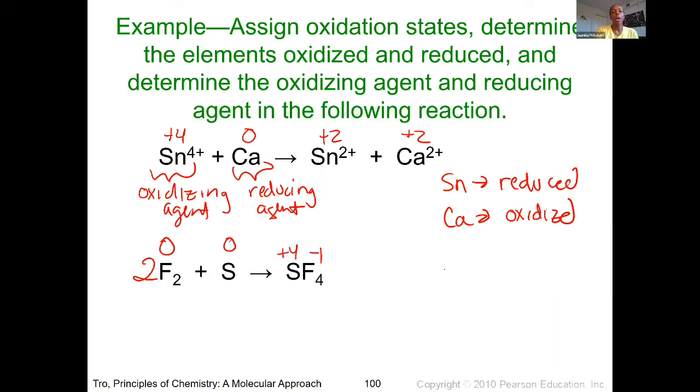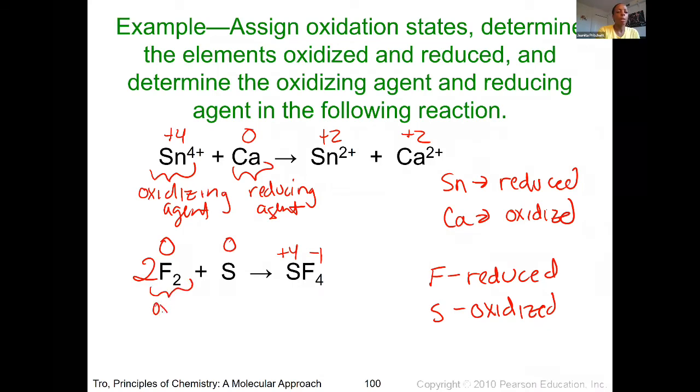And so we would say that fluorine is being reduced because the number is going down, it's gaining electrons, and sulfur is being oxidized, it's losing electrons. And then our oxidizing agent is going to be fluorine. And our reducing agent is sulfur. Remember, it's allowing the fluorine to become reduced. It's working for it.